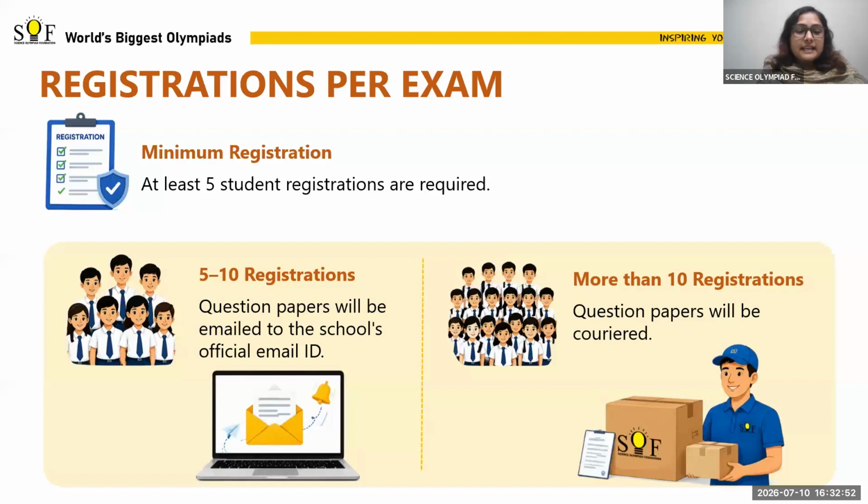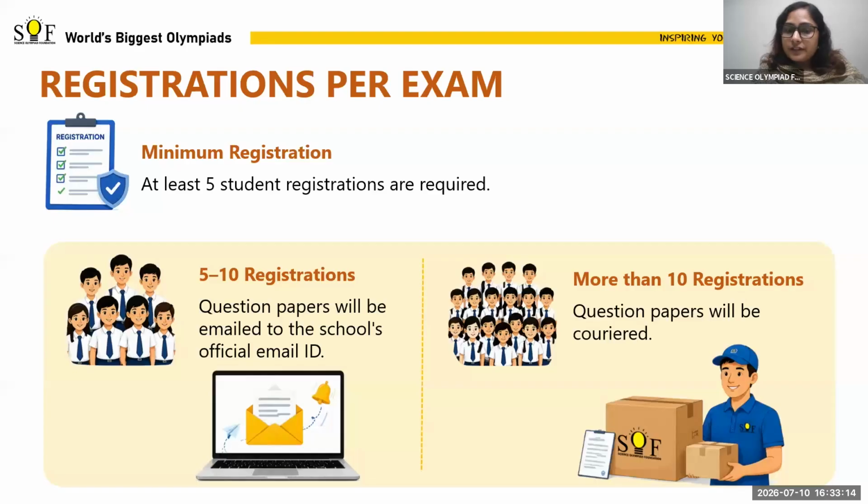In fact, as the number of student registrations increases, the mode of receiving the question paper also changes. So you have to take care of this also: track how many students you are registering and the mode of question paper that you will receive.